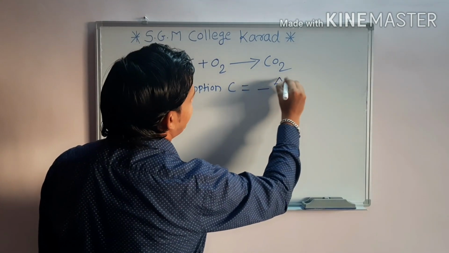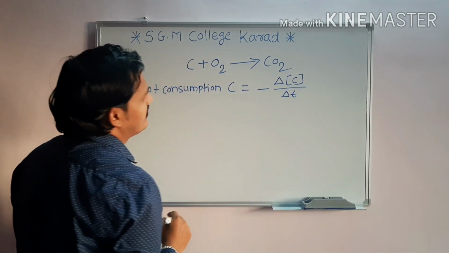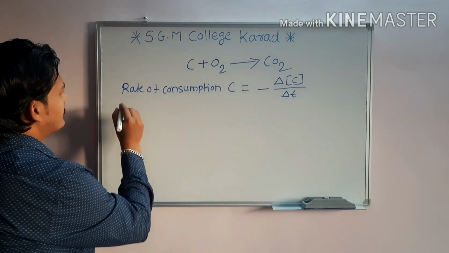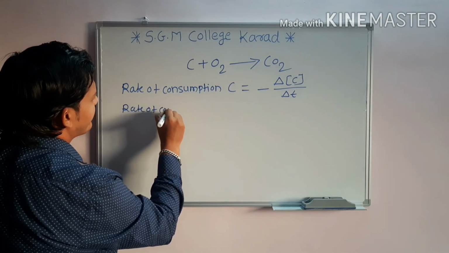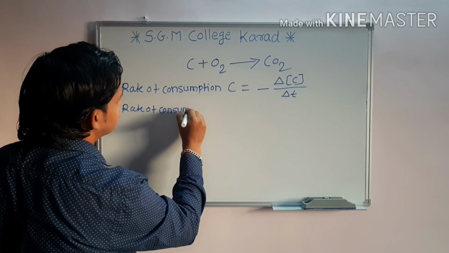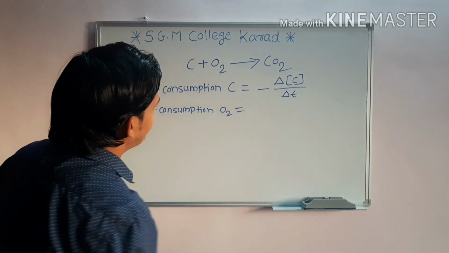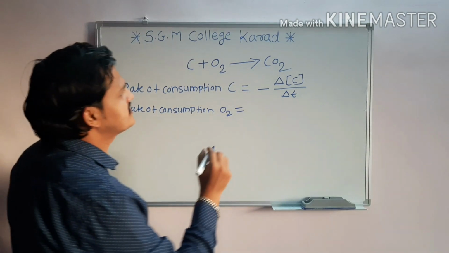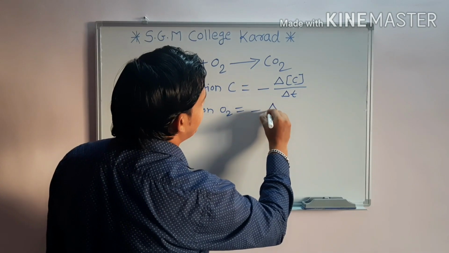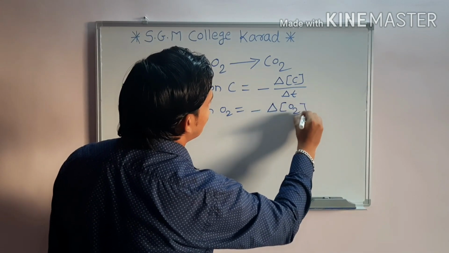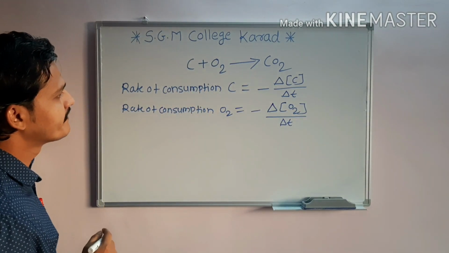Really very easy. Then rate of consumption of oxygen is equal to minus del in bracket O2, because oxygen is also a reactant. Molar concentration is always expressed in square brackets only.